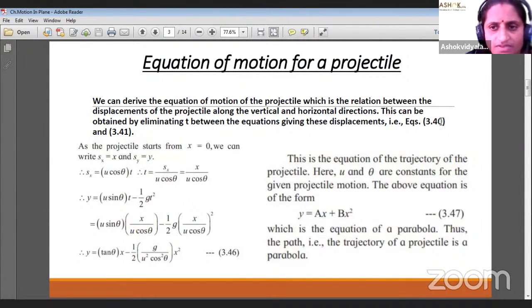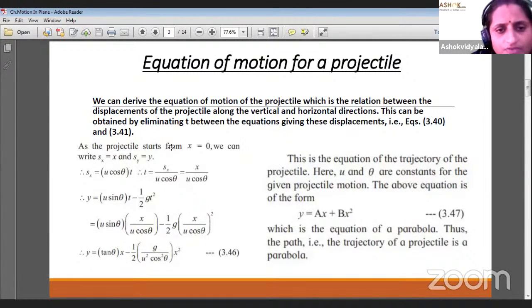In the last lecture, we already saw these two equations, 3.40 and 3.41, where 3.40 is Sx equal to u cos theta into t, and 3.41 is Sy equal to u sin theta into t minus half g t square.